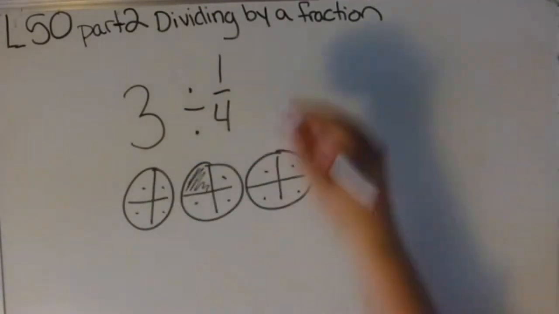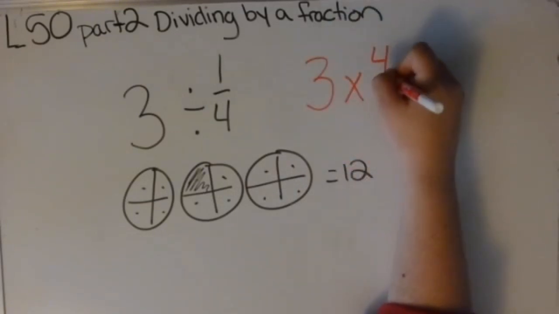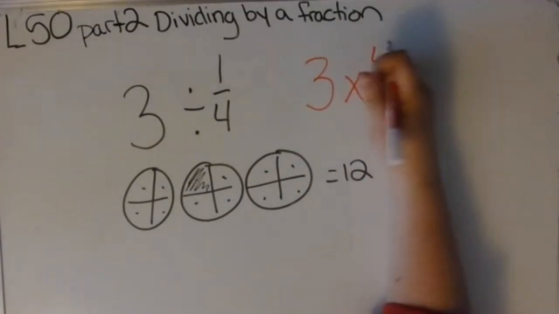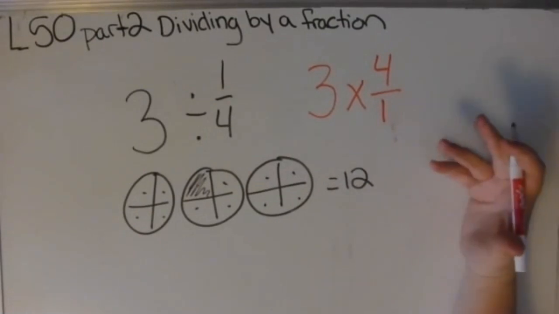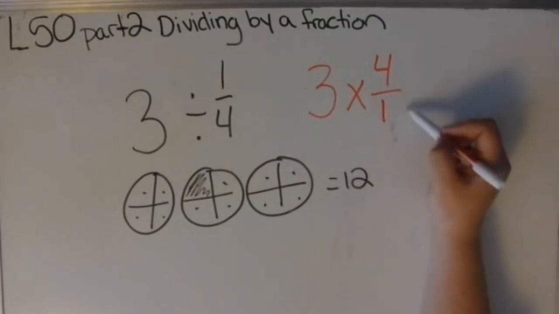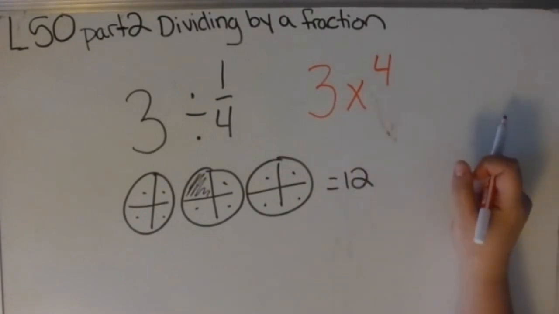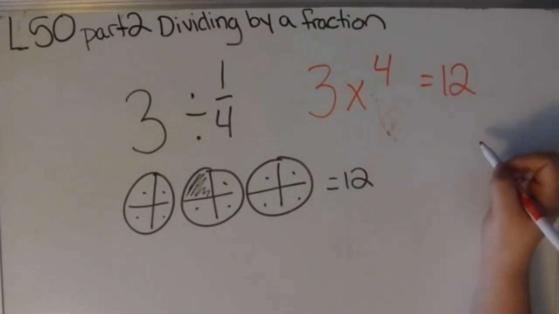So this changes to 3 multiplied by 4/1. Oops, sorry, not 4/4, 4/1. And we know from previous lessons that 4/1 is actually just 4. So you're doing 3 times 4. 3 times 4 equals 12.